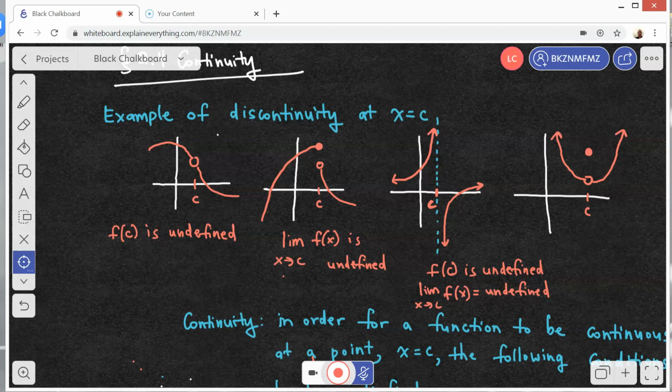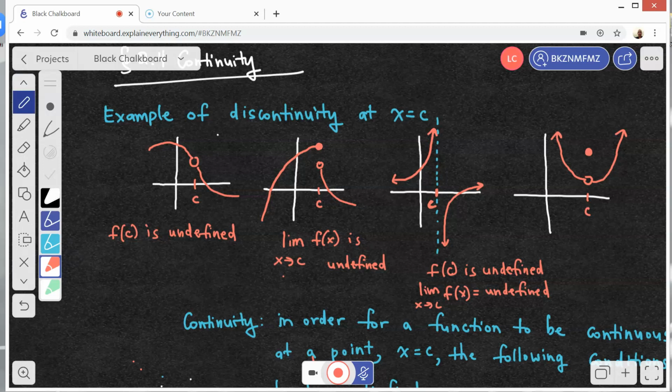And in our last example, we have that the value at c does exist. So f of c exists, and that's the filled in circle. Let's say that the y value at c is f of c. Whatever that y value is, it's f of c.